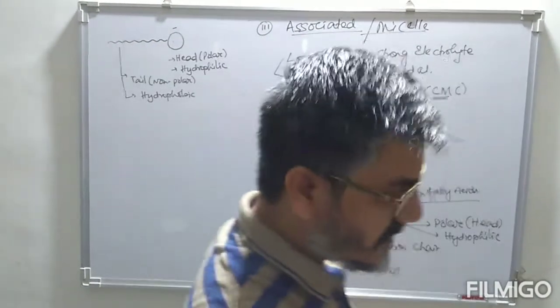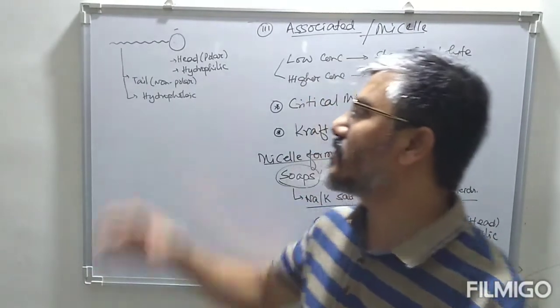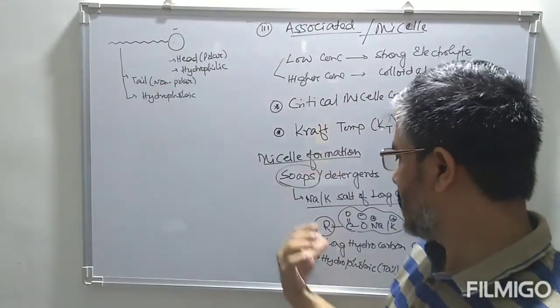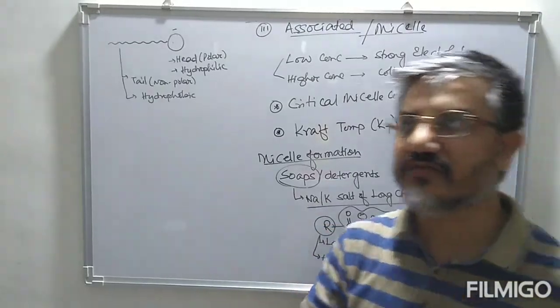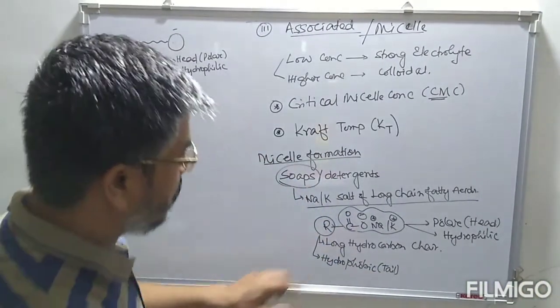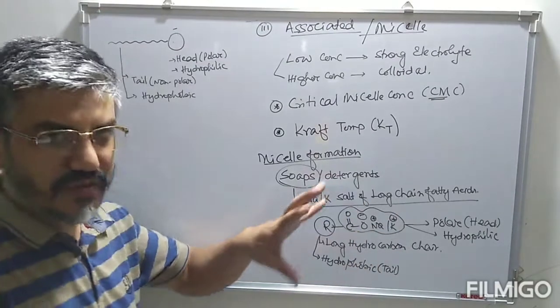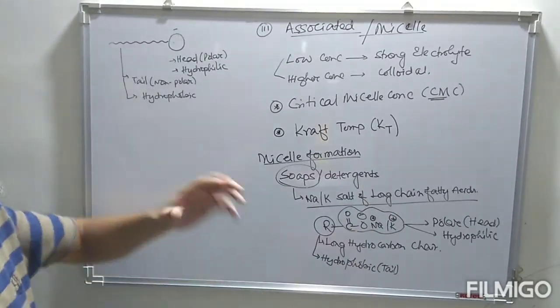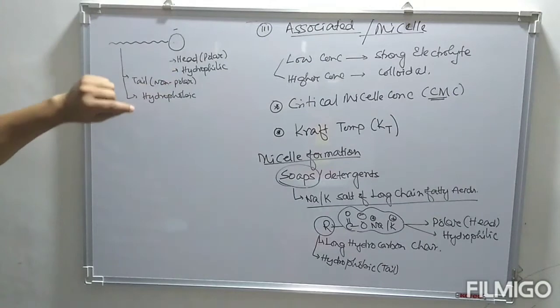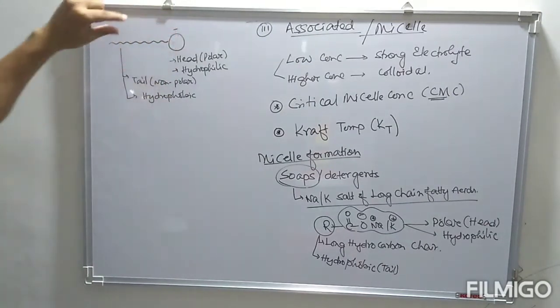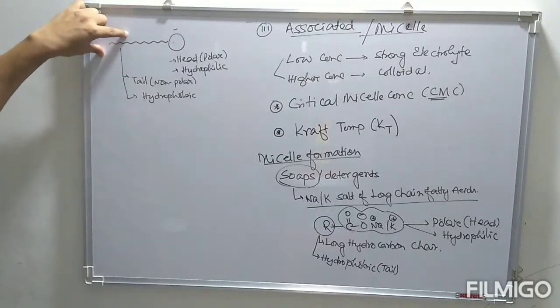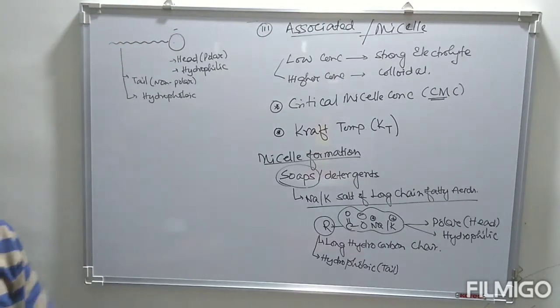Now, when particles of soap, that is sodium or potassium salt of long chain fatty acids, are dissolved in water, they ionize to give the carboxylate anion and the sodium or potassium cation. The carboxylate anion contains a water soluble head and a water insoluble tail.